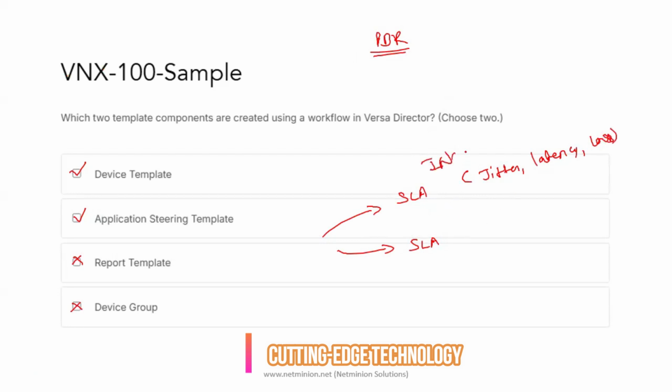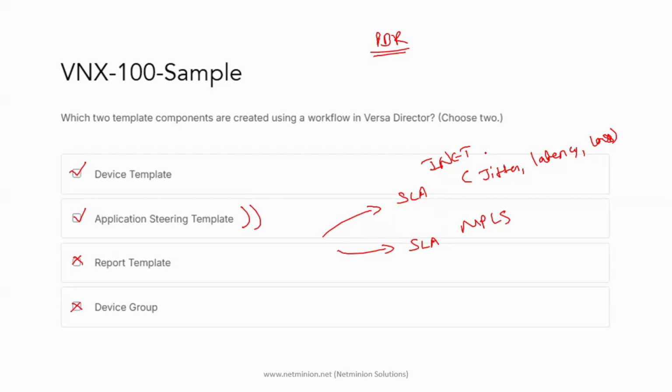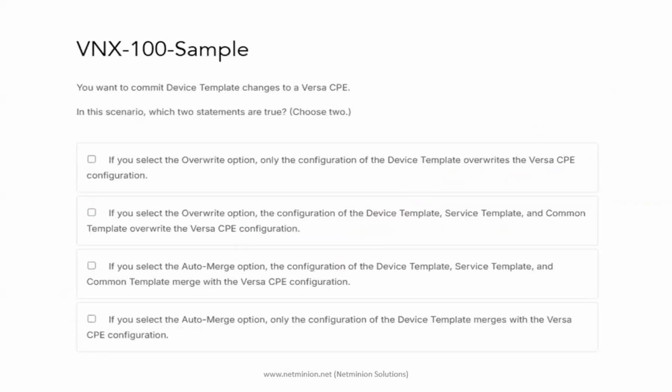Let us say for iNet, I can choose some SLA. For MPLS, maybe it is out of SLA. So this application steering template, on the basis of this SLA template, SLA objects can select iNet 1, iNet 2, or maybe MPLS 1 or whatever. I'm just giving you the example. So depending upon that, you can set up different interfaces. Let's go ahead.